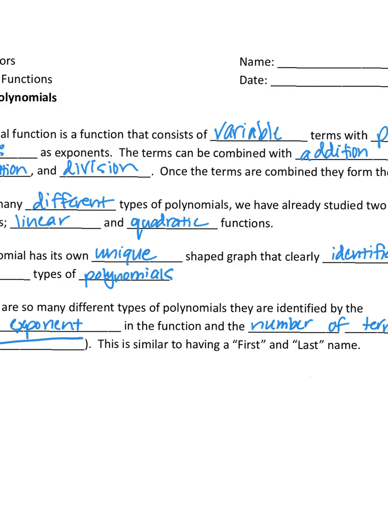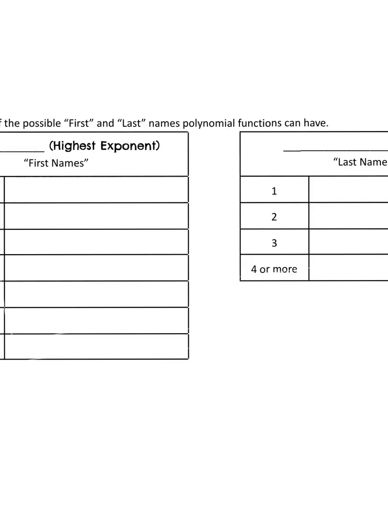This is similar to having a first and last name. So here are all of the possible first and last names polynomial functions can have.